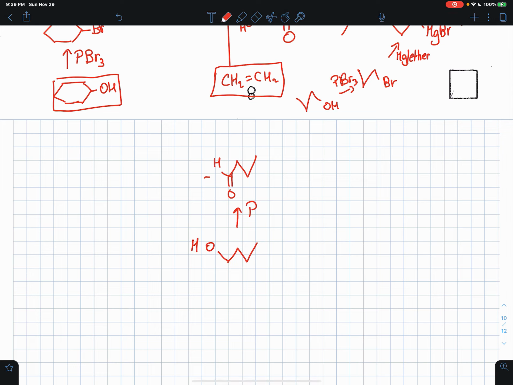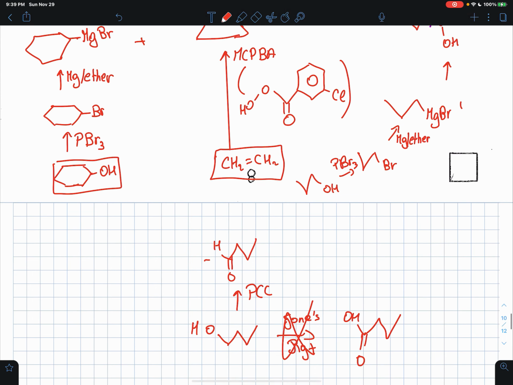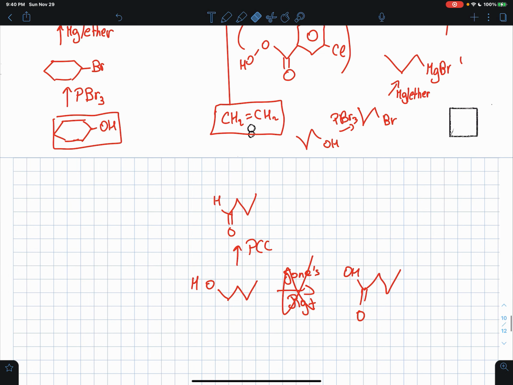And now I have to use PCC because if I use Jones reagent, I'm going to end up with this product. 1, 2, 3, 4. And that's not what I want, right? I want an aldehyde. So for a primary alcohol, you have to notice if you use PCC, you're going to end up with an aldehyde. But if you use Jones reagent with a primary, you're going to end up with a carboxylic acid. PCC is a weaker oxidizing agent than Jones reagent or warm KMnO4, right? So once I use PCC, I can start with an alcohol. So that would be my final product.